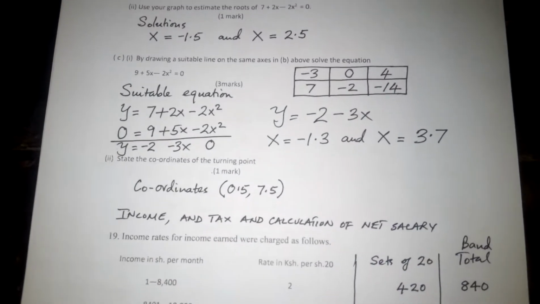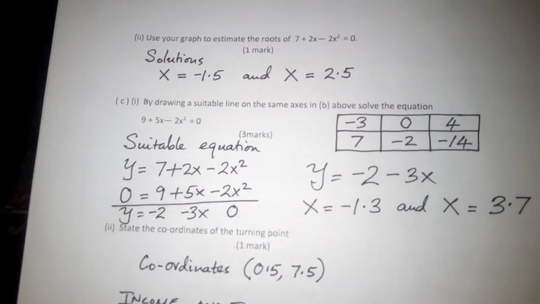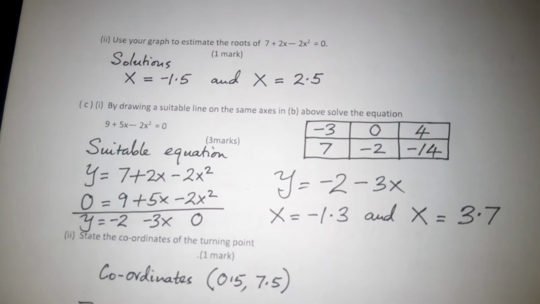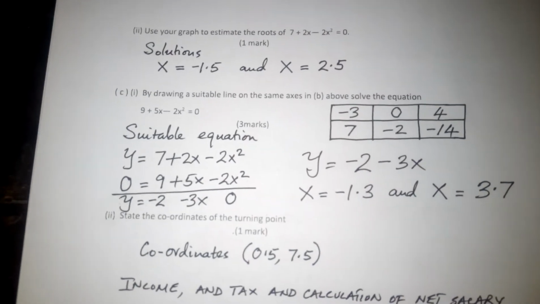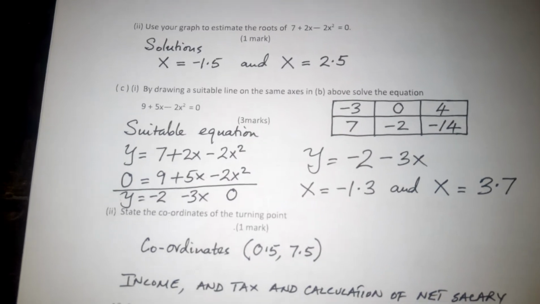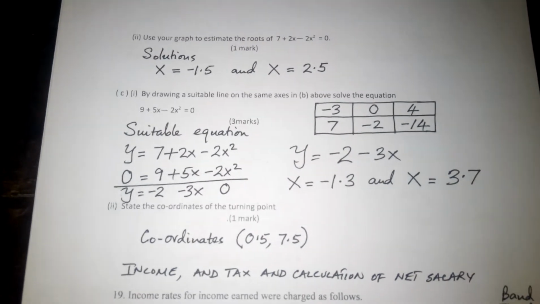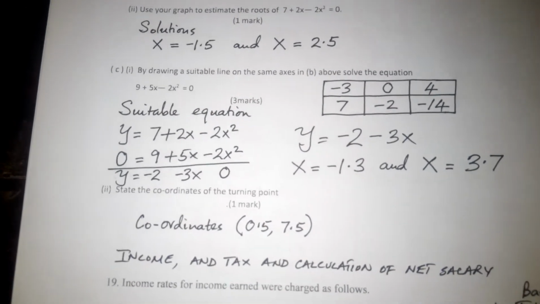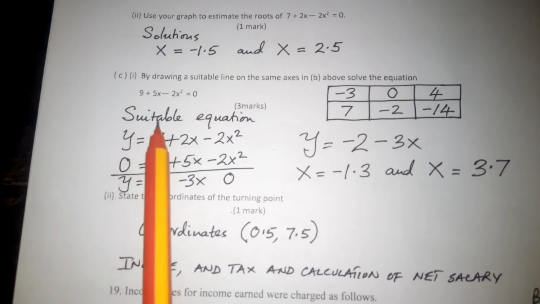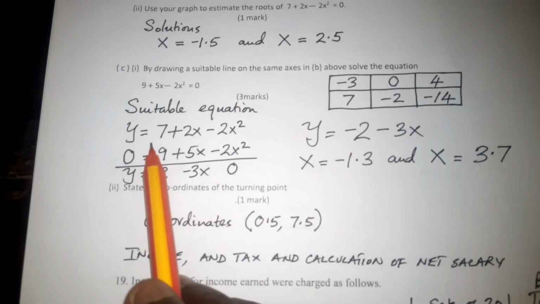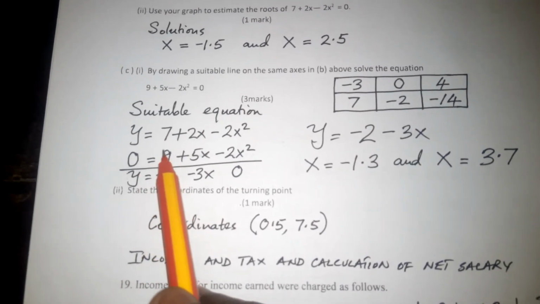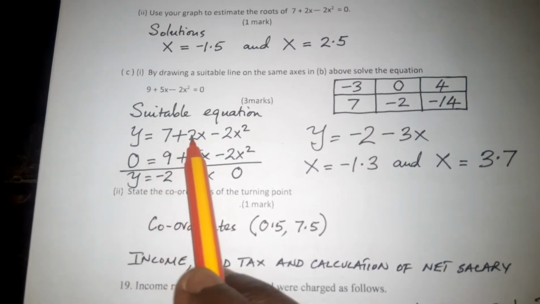Then you are told, by drawing a suitable line on the same axis in B above, solve the equation 9 plus 5x minus 2x squared is equals to 0. So what we do is we put these equations side by side and get the difference.